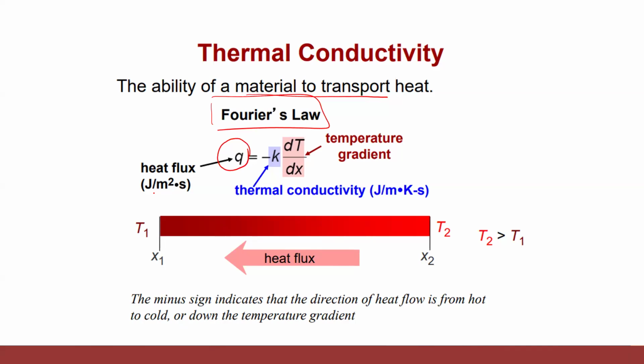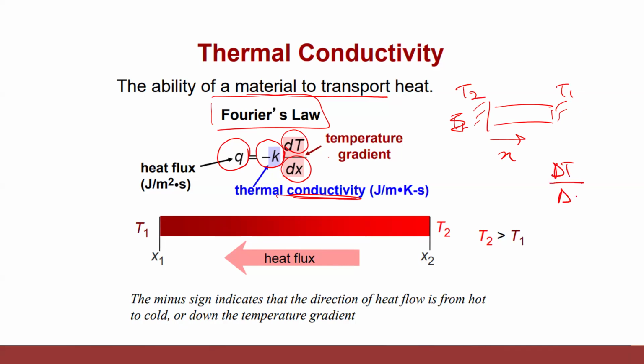And you can find the heat flux if you know the thermal conductivity of the material and the change in the temperature divided by the distance. So if you measure the distance in X, and consider the change in temperature, T final, or maybe this side is T2 and this side is T1, that change in temperature divided by the distance traveled, times K, will be your small q.